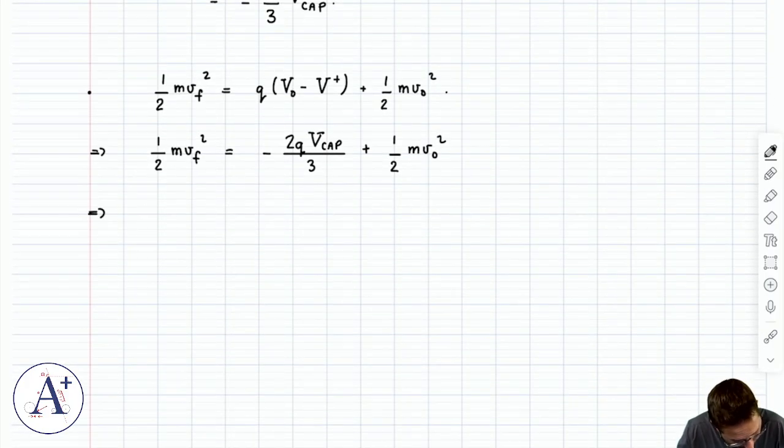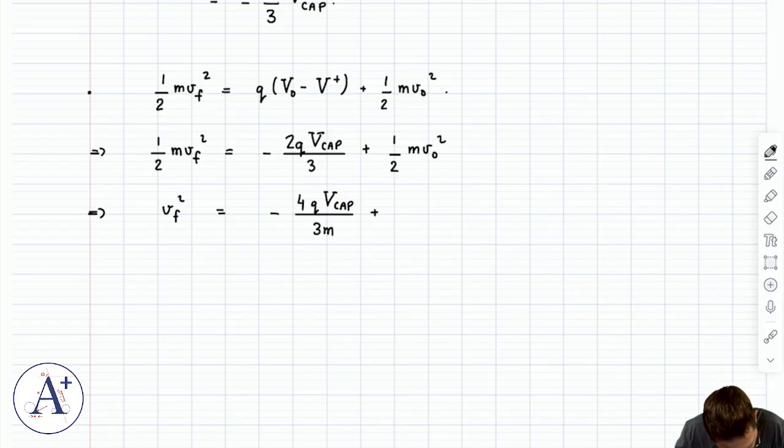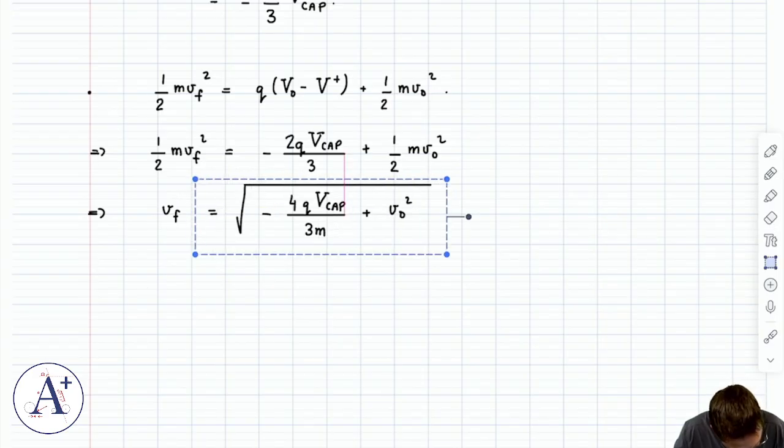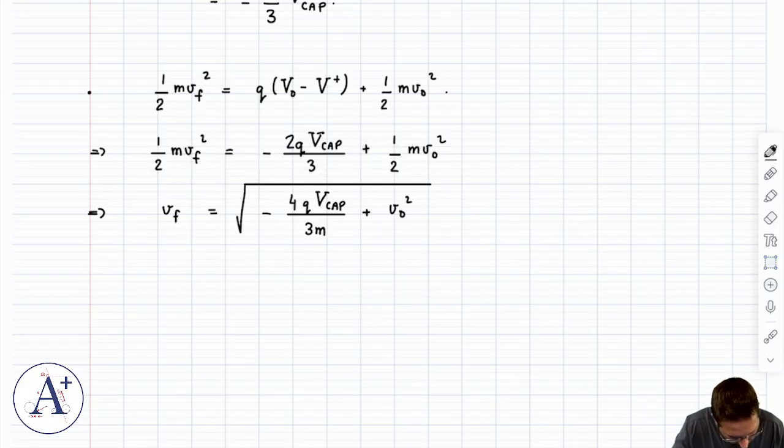Okay, if we multiply by 2, divide by m, we get v final squared is equal to minus 4q V cap divided by 3m plus v0 squared. We just keep the positive root then to get v final.